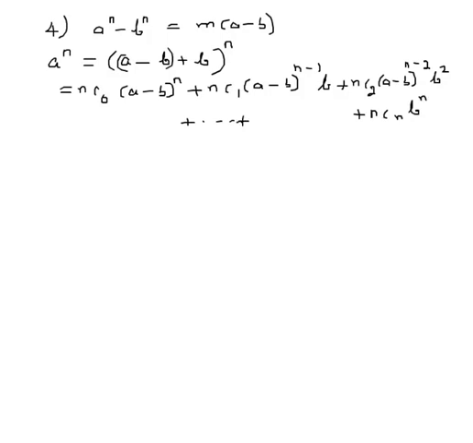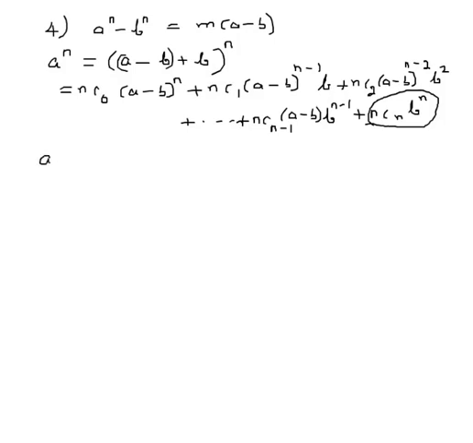The last but one term will be nC(n minus 1) (a minus b) and b raised to n minus 1. This term is b raised to n because nCn is 1.